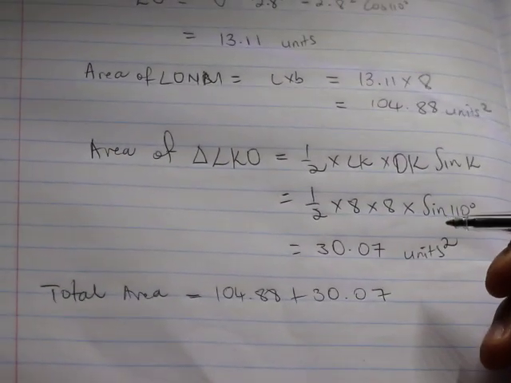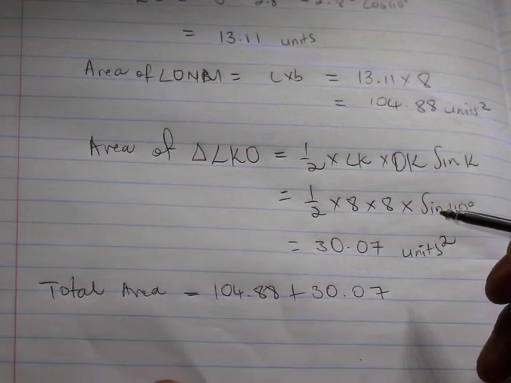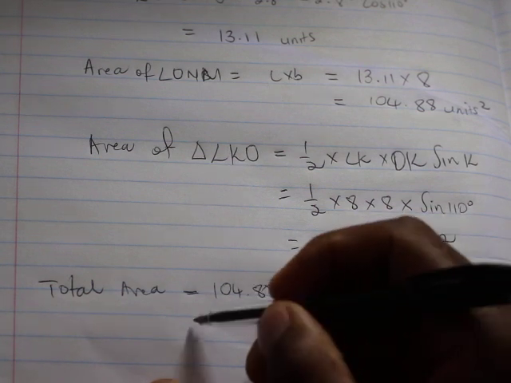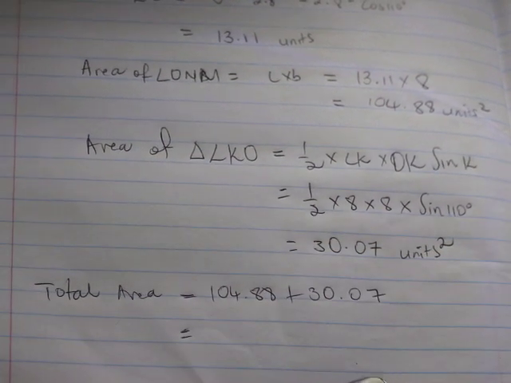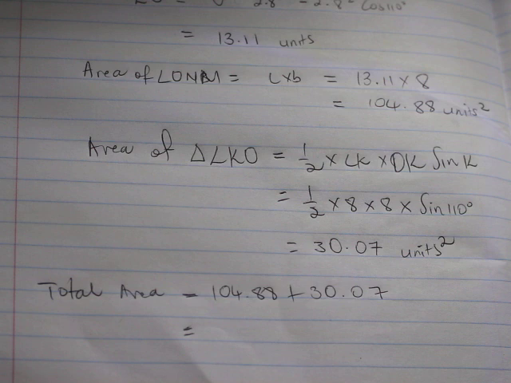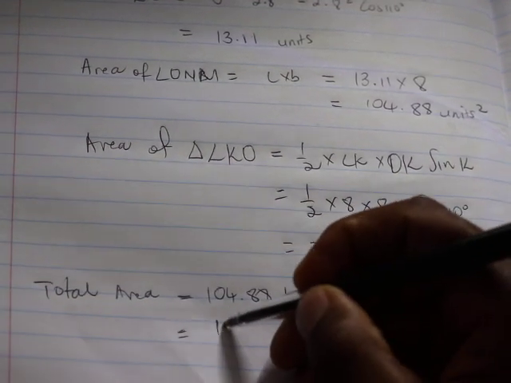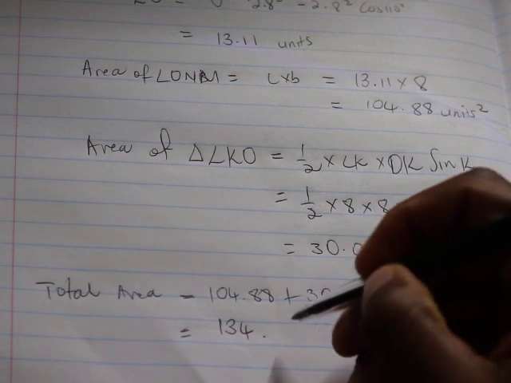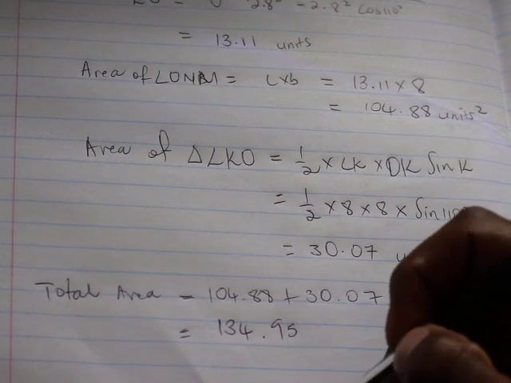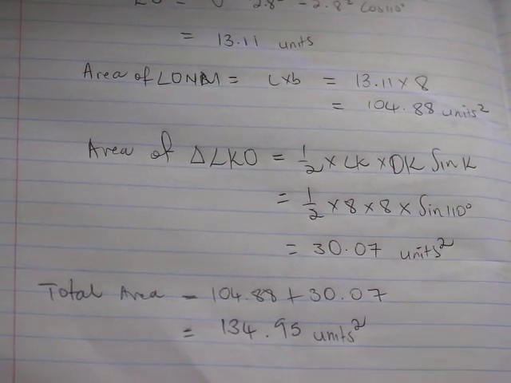So total area, that's the sum of the individual areas, which is the area of the triangle and the area of the rectangle, and that becomes what? Let's sum that up quickly. So 104.88 plus 30.07, 134.95, and that's units squared.